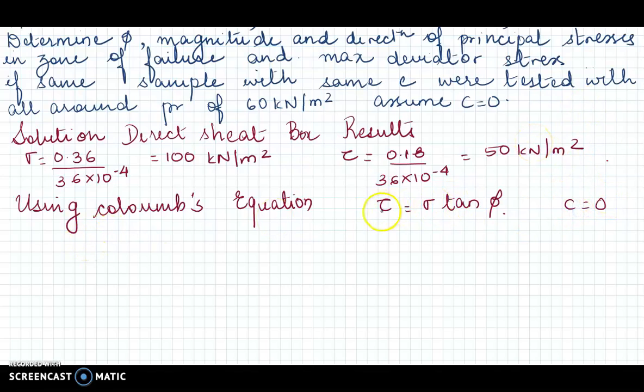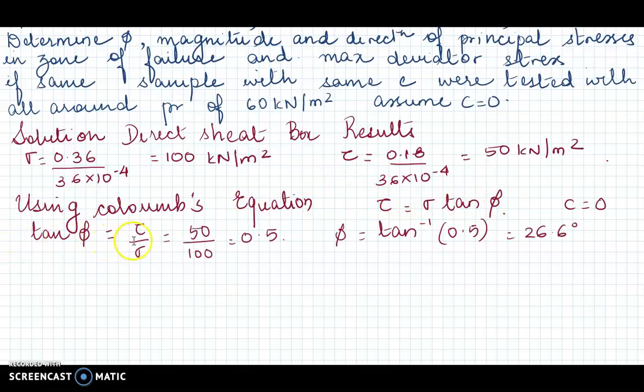You know this, right? So from here, you know the value of tau and sigma, so you can get the value of phi. You get tan phi is equal to tau by sigma, that is 50 by 100, which is 0.5. So phi is equal to tan inverse of 0.5, that is 26.6 degrees. So your first part is determined.